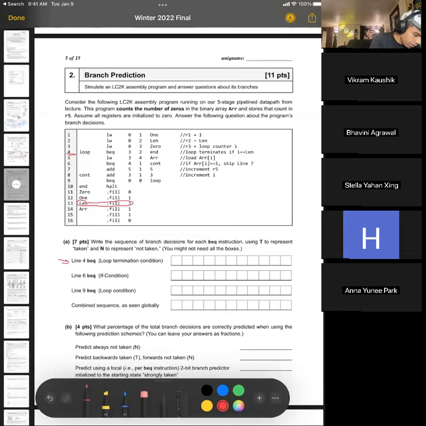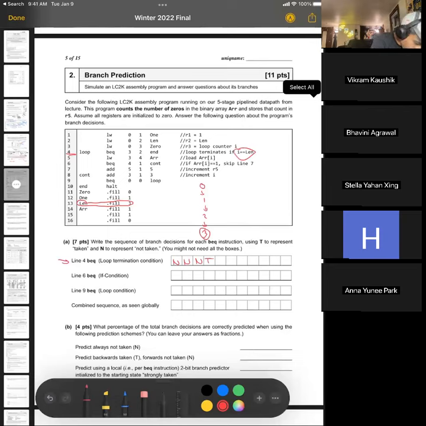I don't even need to read the program to know the counter register starts at 0, then goes to 1, then 2, then 3. At 3, I jump to the end of my program. So this branch is only taken if i is equal to length, only on the last one. The behavior we might expect is not taken, not taken, not taken, taken.